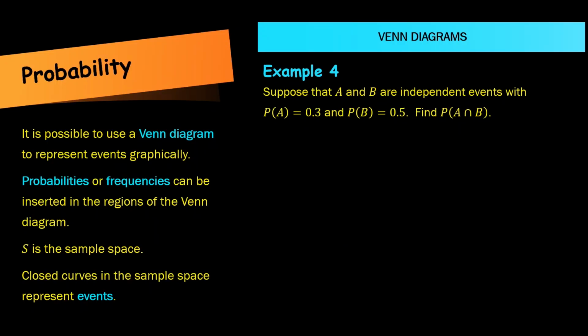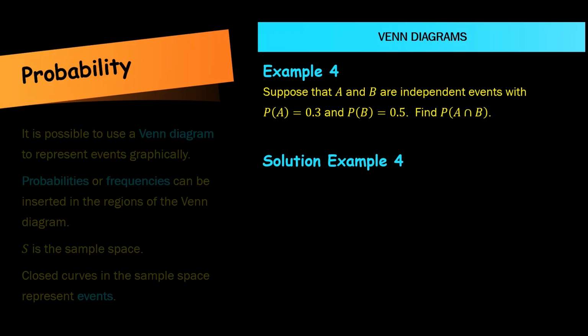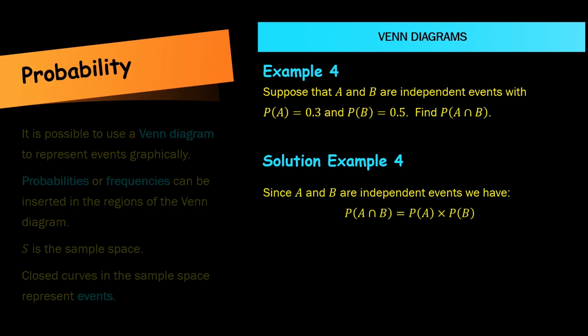So let's solve this. In this example, we suppose that A and B are independent events with probability of A equals 0.3 and probability of B equals 0.5. We are required to find the probability of A intersect B. Now, since A and B are independent events, we have probability of A intersect B equals probability of A times probability of B. Therefore, all we need to do is simply plug in the figures.